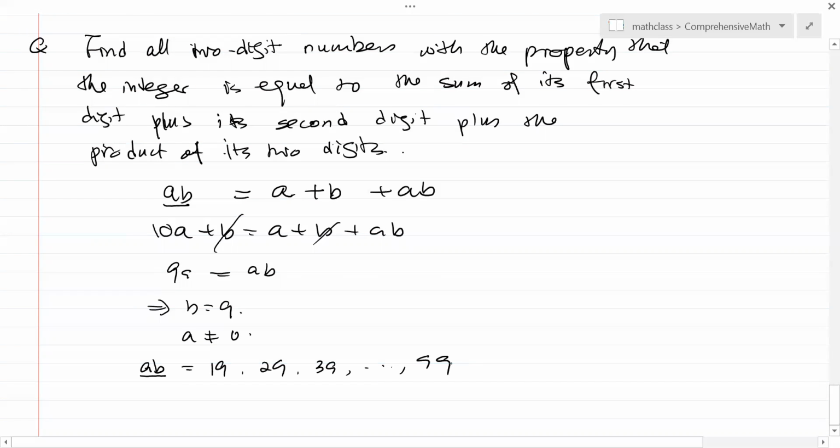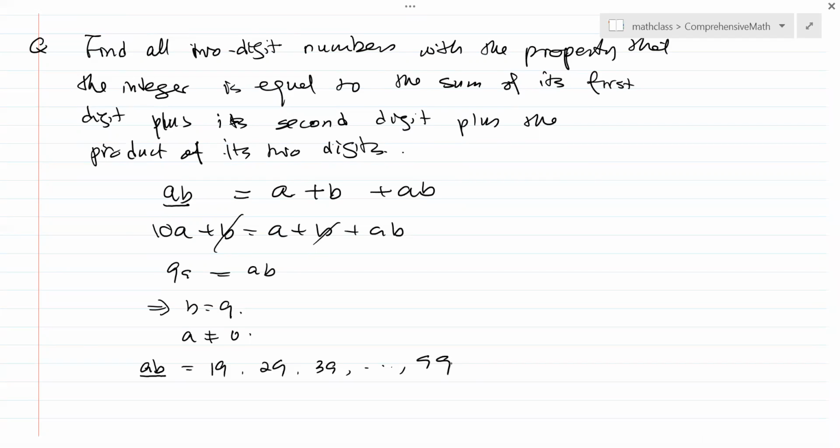That's it. So that means this is a kind of discovery, right? You can determine all those numbers have this property. The two-digit number is going to be the sum of the first digit, second digit, and the product of the two digits, as long as B is 9.